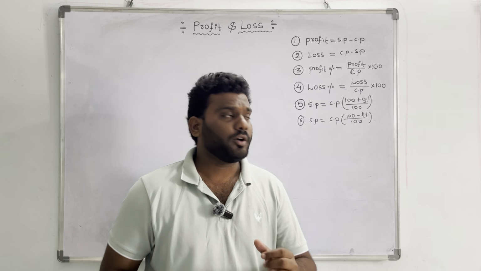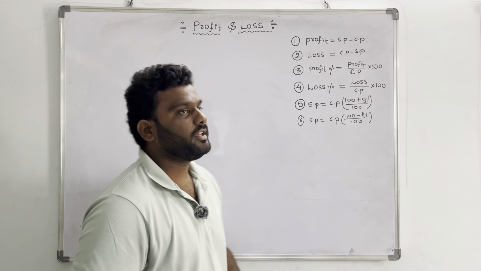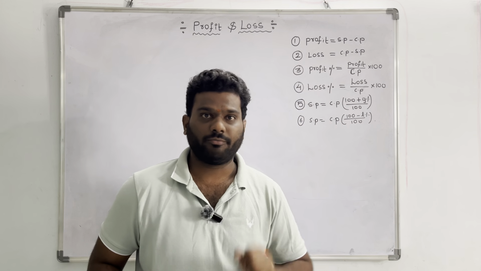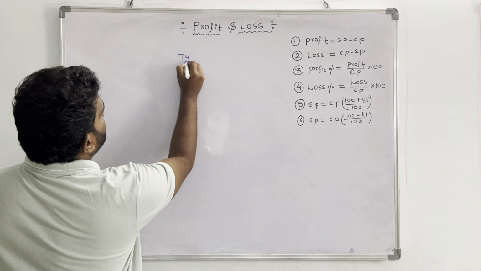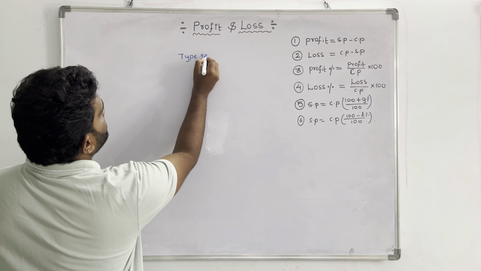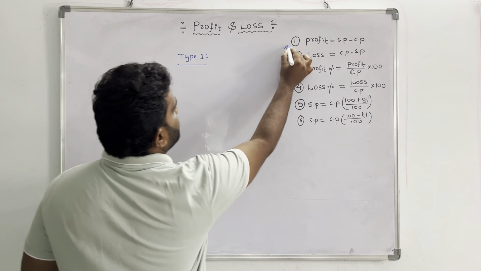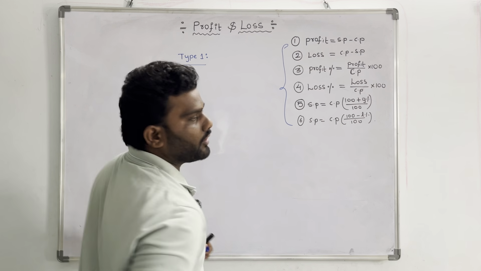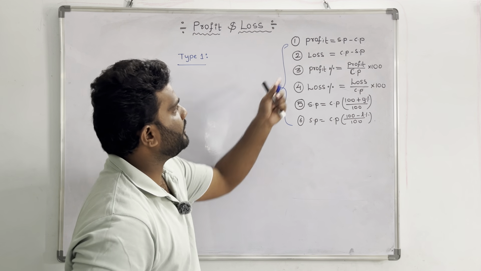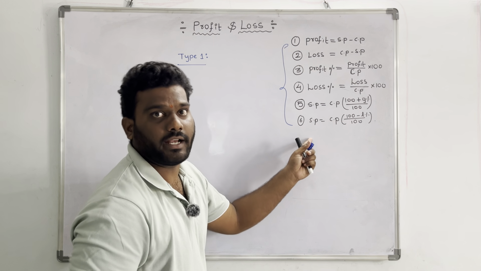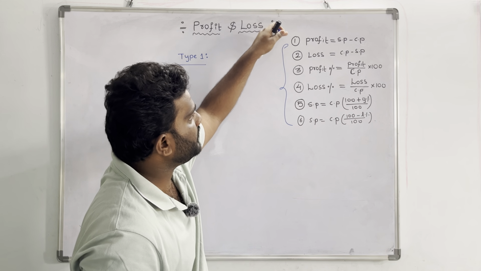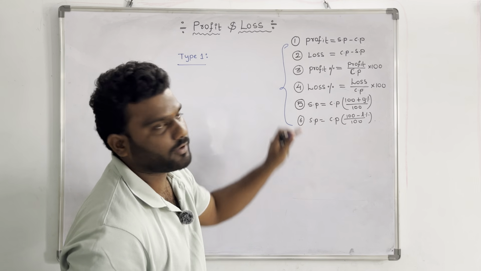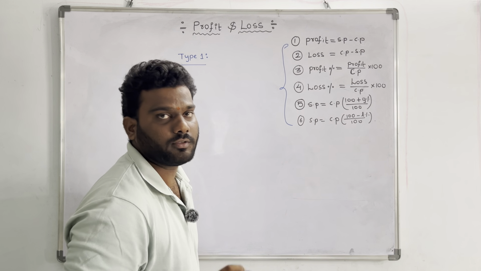Now in this profit and loss topic, we have two types of problems. In the first type, the questions will be based on these six formulas, and I will tell you the tricks also. If you are unable to remember these formulas, I will tell you the tricks to solve the problems.